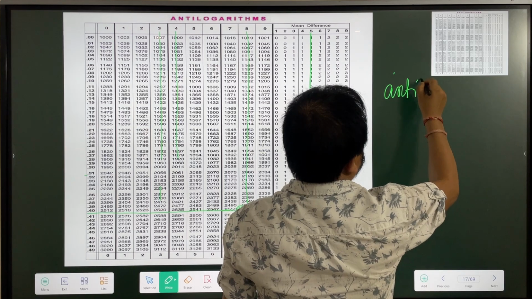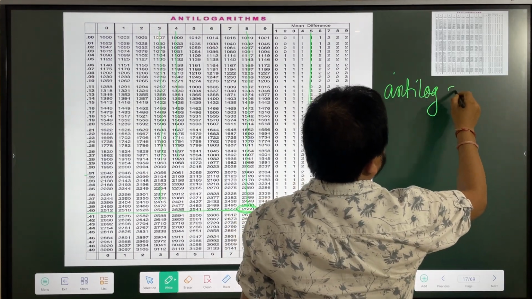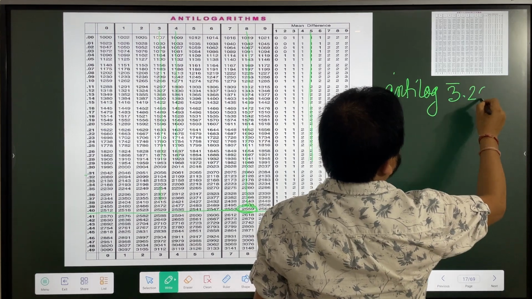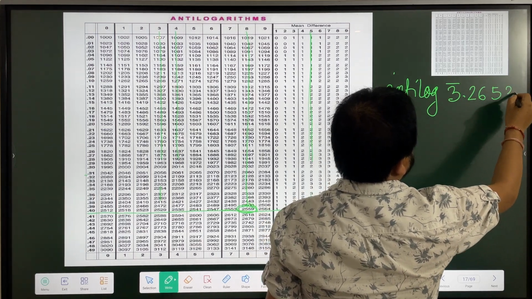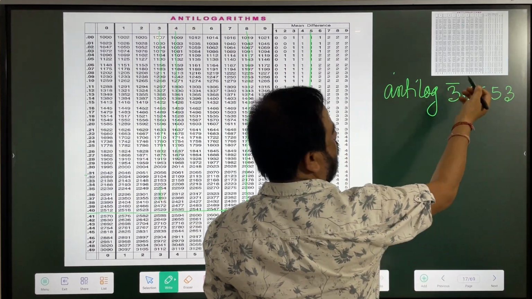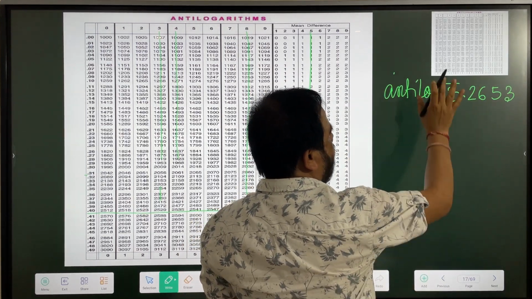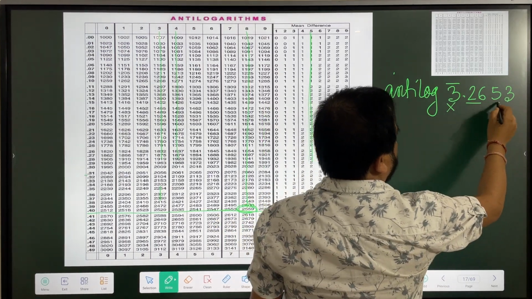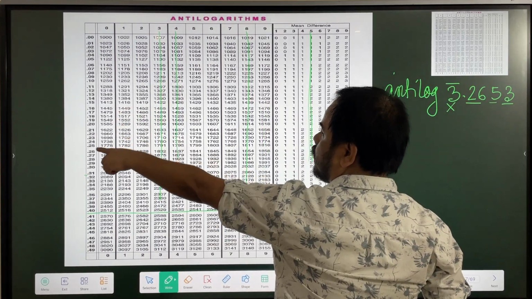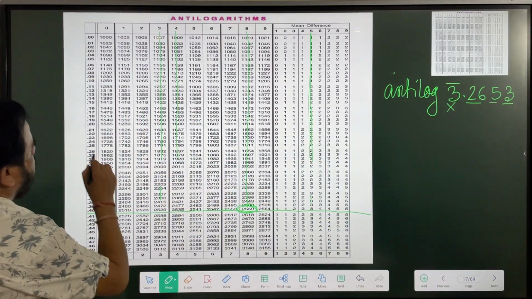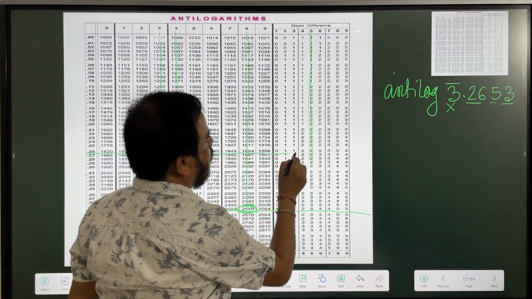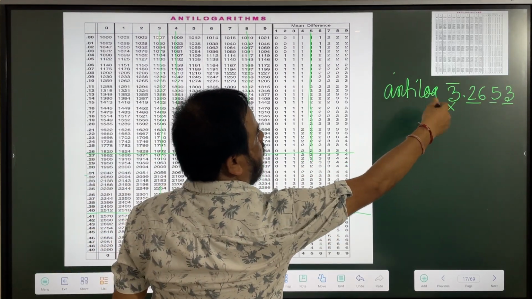Antilog of 3 bar 2653. So 3 bar, leave it. This for time being 3 is neglected. We will go to 0.2653. 0.26. Where is 0.26 here? This is 0.26. This line let me mark. 0.26, then 5.